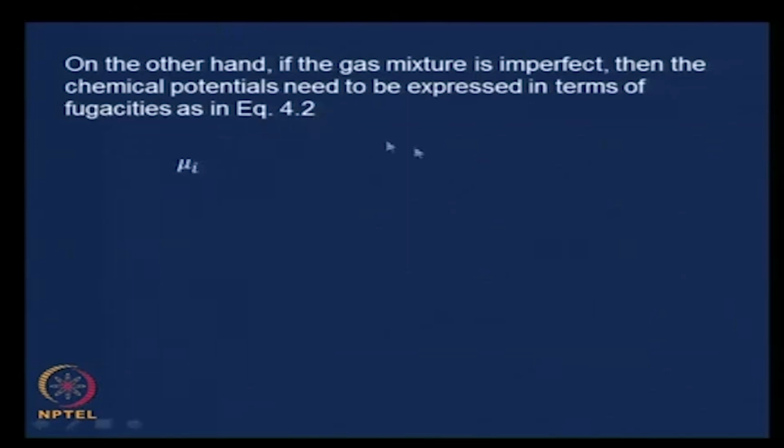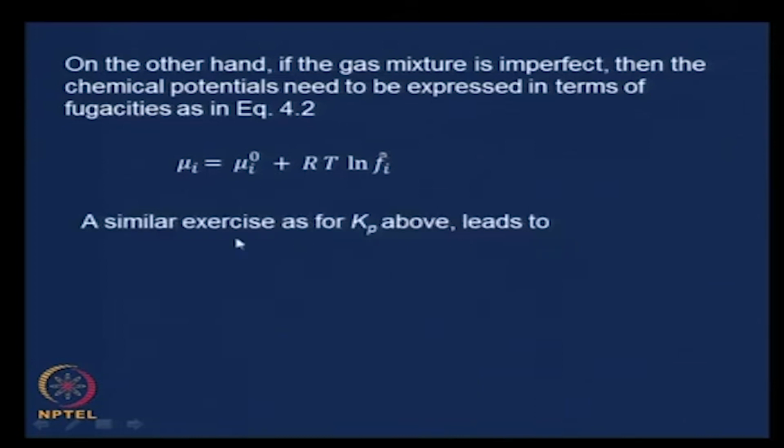This was given in equation 4.2, chemical potential in terms of fugacities, mu I equals mu I naught plus RT ln Fi hat. So replace fugacities wherever there were partial pressures earlier, and if we do a similar exercise, I would leave this for you to do as a homework.